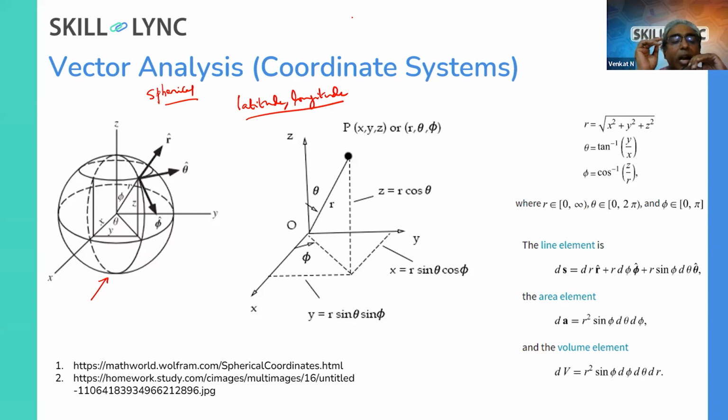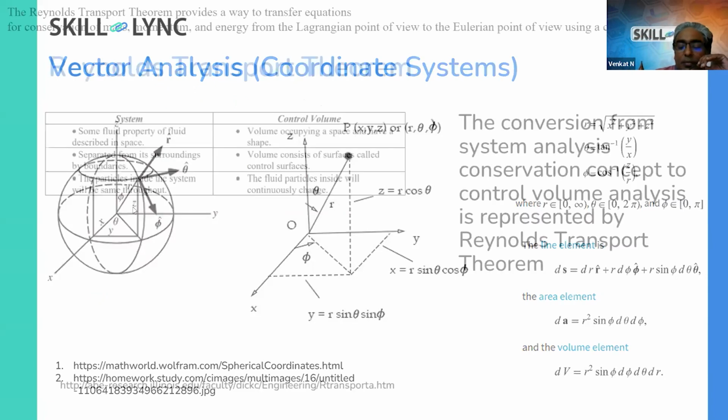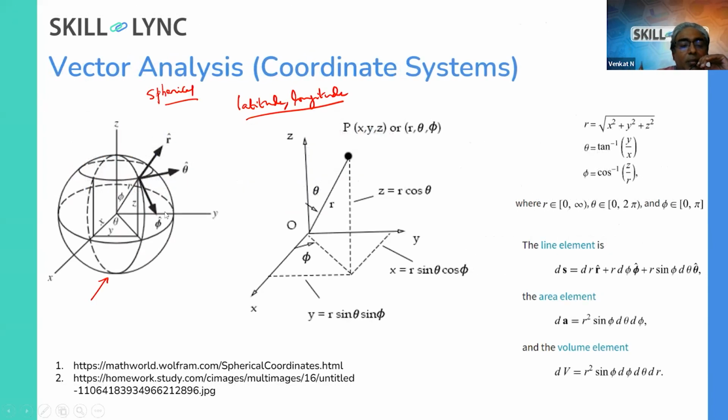So latitude is your phi. Great. So latitude is your phi. This is the elevation from the equator, right? If you cut the spherical coordinate system from the equator, the latitude keeps increasing.